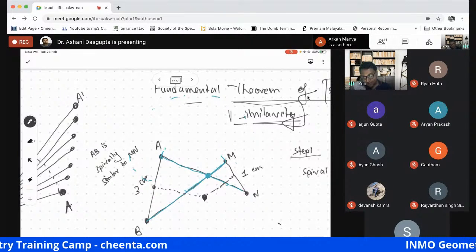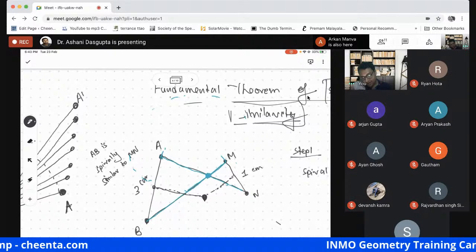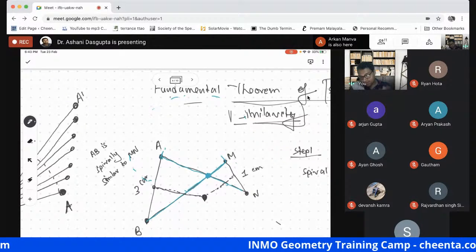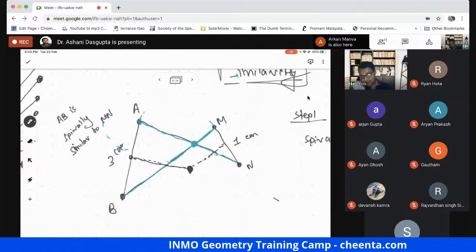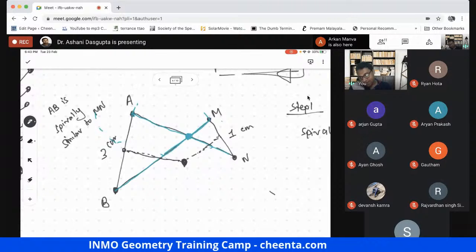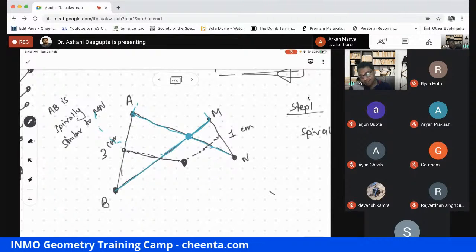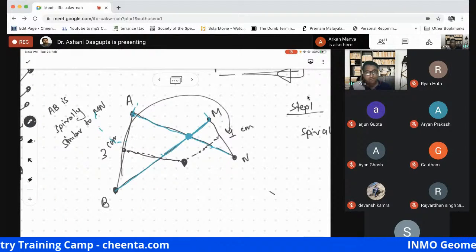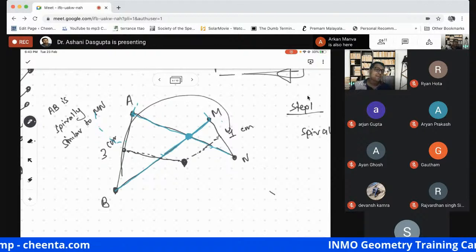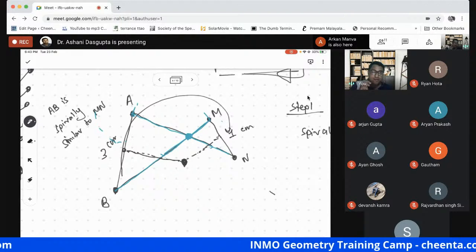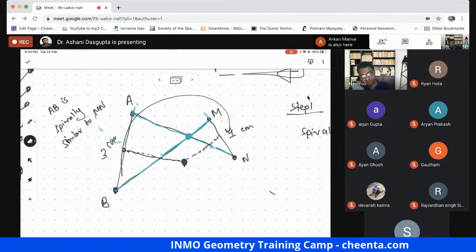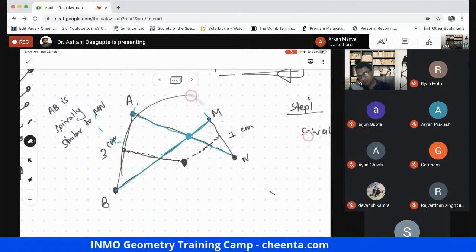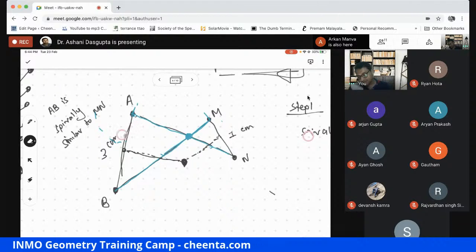Ryan is thinking of this as a handle. I'm just guessing that's how he's thinking. He thinks maybe he can take it like this to here, and while he does that, this handle will be shrinking AB as well. Hmm, might work sometimes.